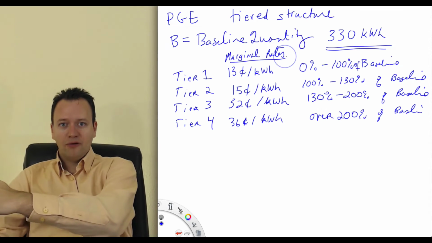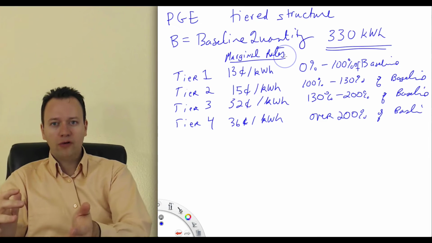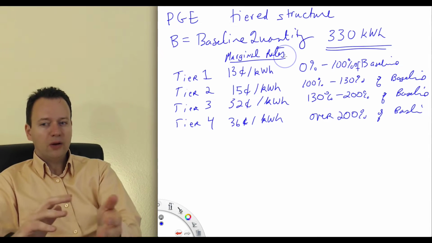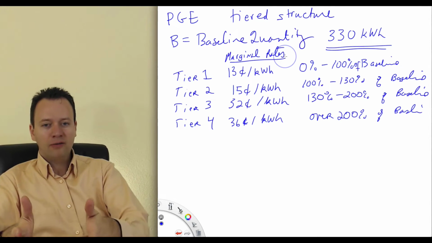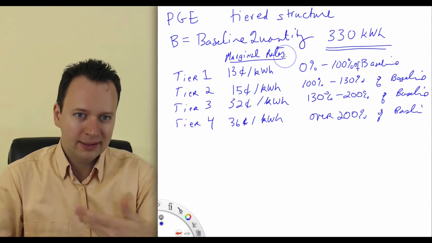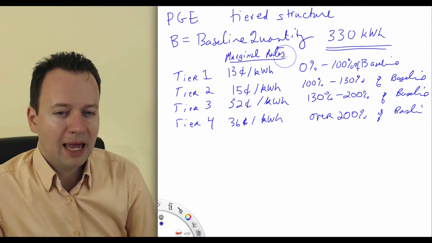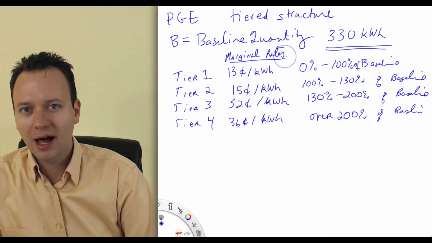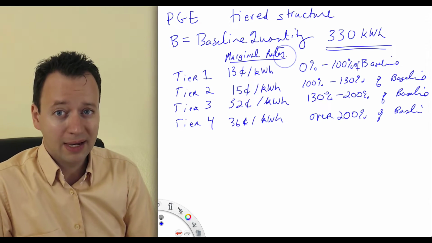And they take that off of how much you used. And they say, okay, how much over that did you go? Okay, 20% over, so they take that amount of energy and charge it at 15 cents per kilowatt hour. And then the thing continues as we go. The same sort of marginal rates apply for federal and state income tax.